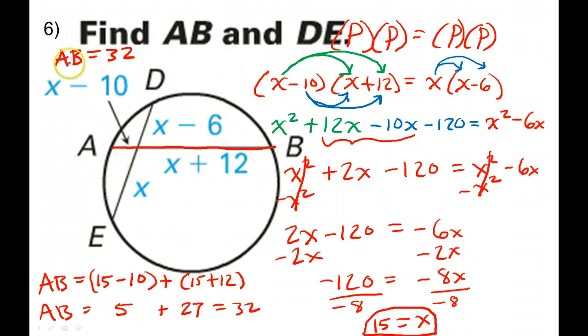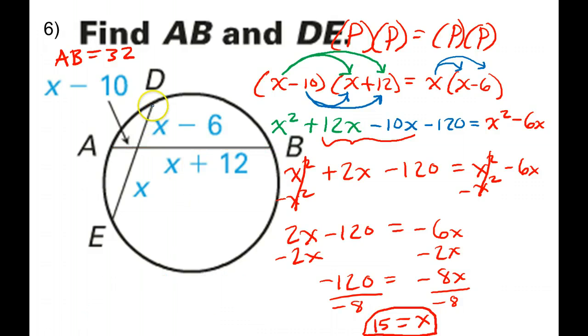Now we also need to find DE. All right, let me erase this so I have space. DE is this segment from here to here. So DE is made up of two things. It is your x minus 6 and plus it is your x.